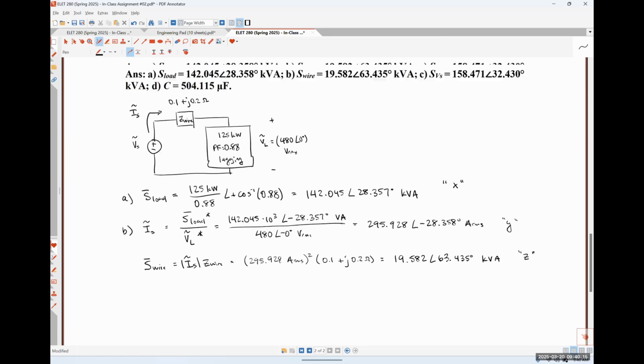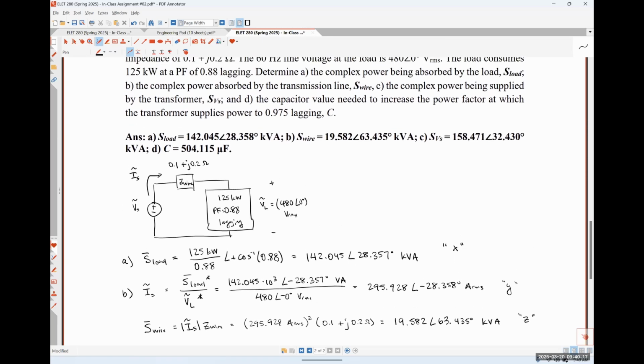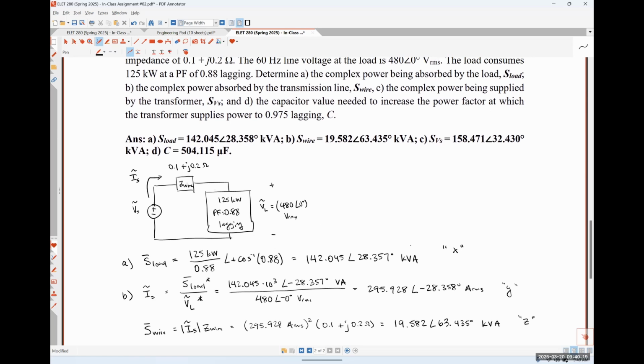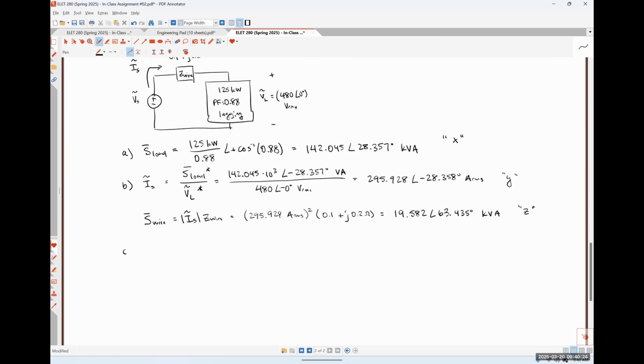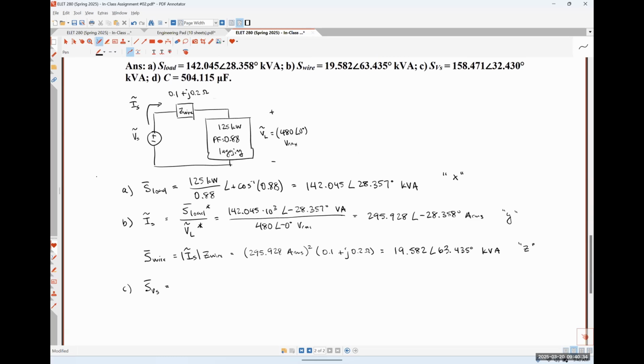So in part C, we are asked to find the complex power being supplied by our transformer. So anybody have any thoughts on how we're going to do that? I'm going to scroll back up so we can see our system.